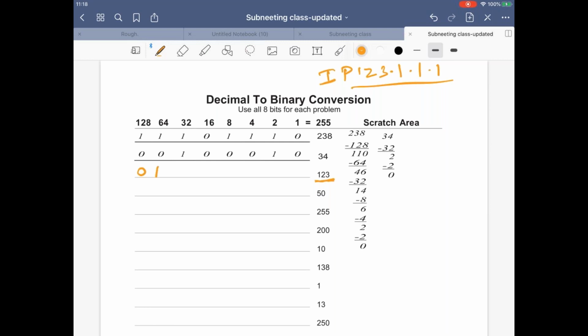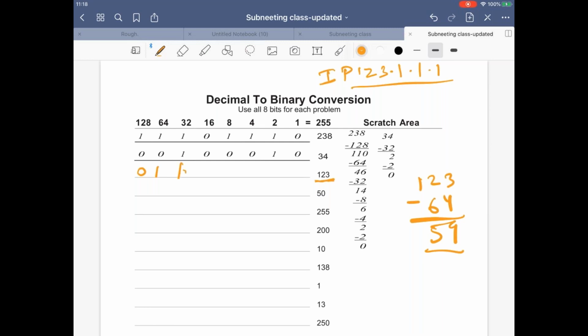1. After that 123 minus 64. How much? 123 minus 64, it is 59. So remaining is 59. We need 59.